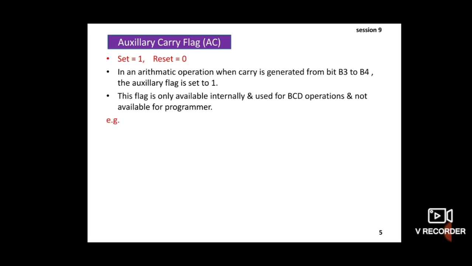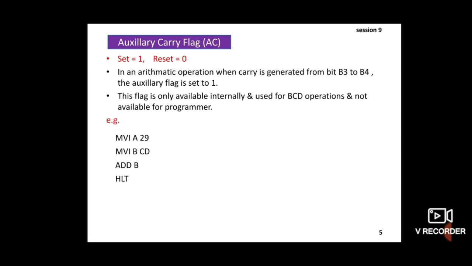Now see how the auxiliary carry flag is set or reset. See the example. Here are a few instructions: MVI A, 29H; MVI B, CDH; then ADD B and HLT.